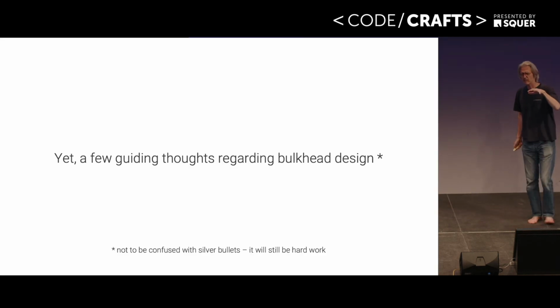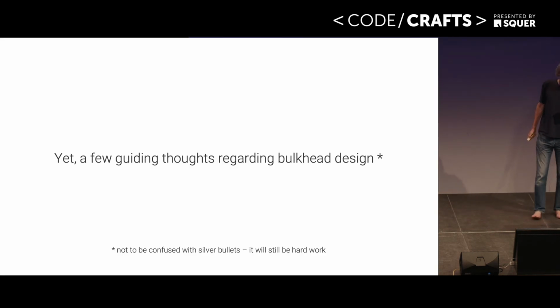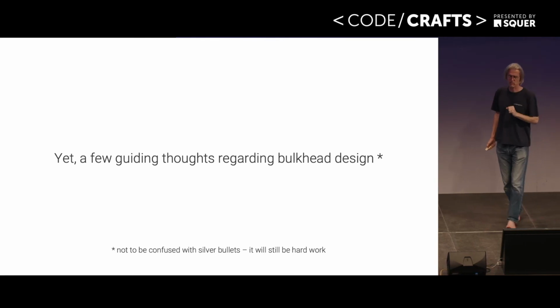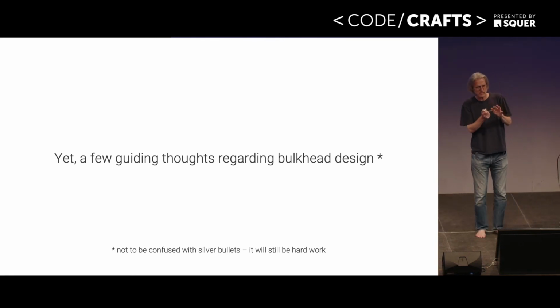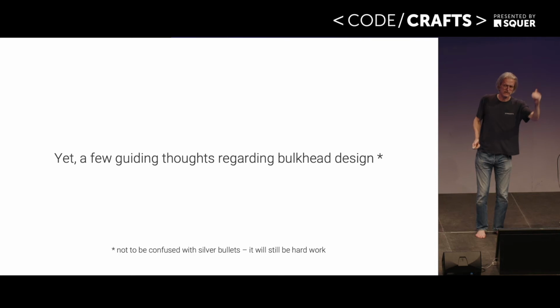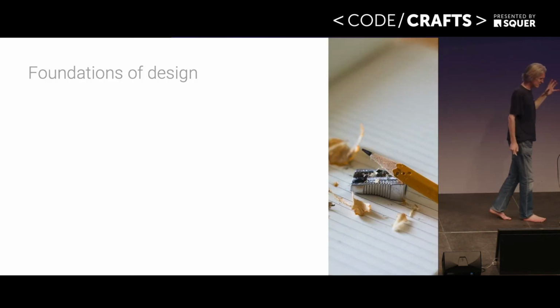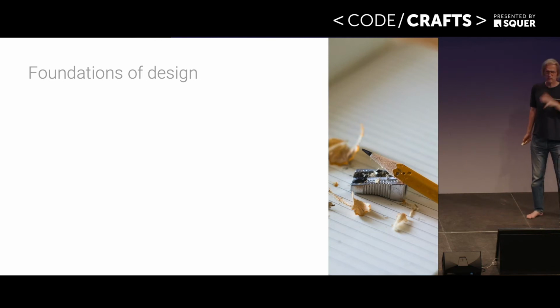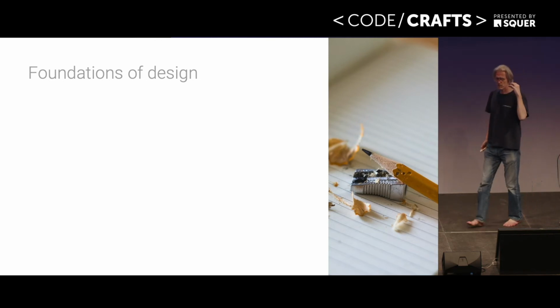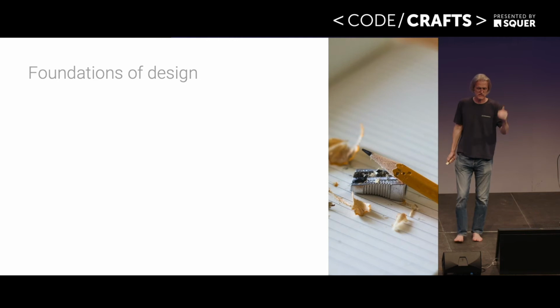The only thing that I can offer you here is a few guiding thoughts, hopefully bringing you in the right direction. And if I think about functional design for distributed systems, it always brings me back to the foundations of good design.